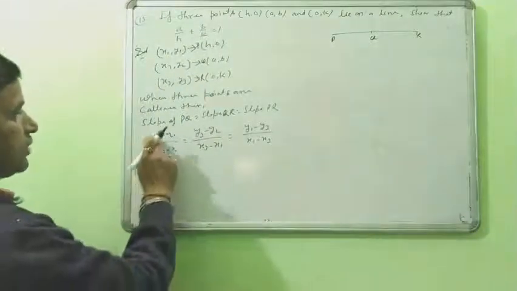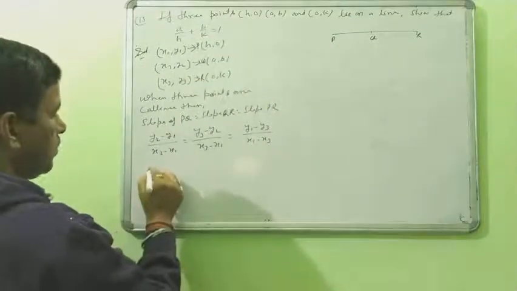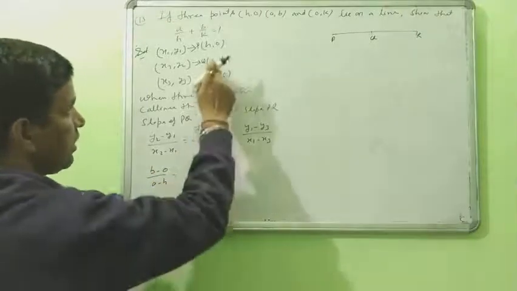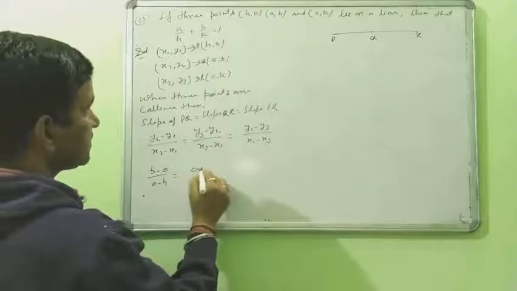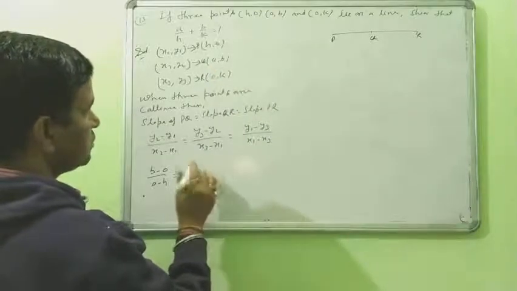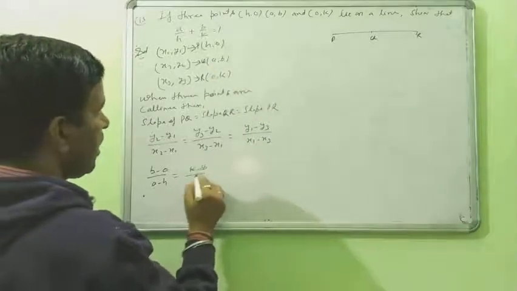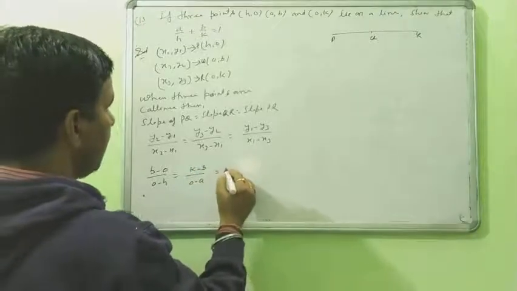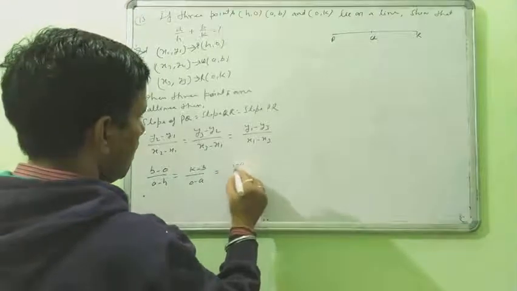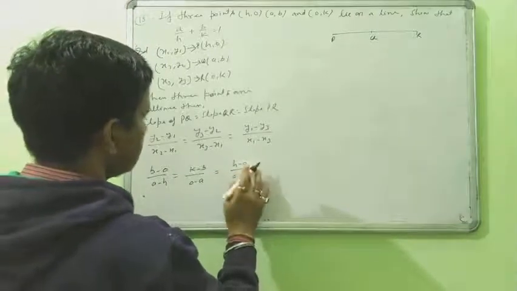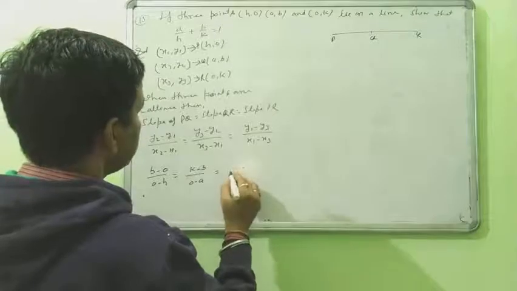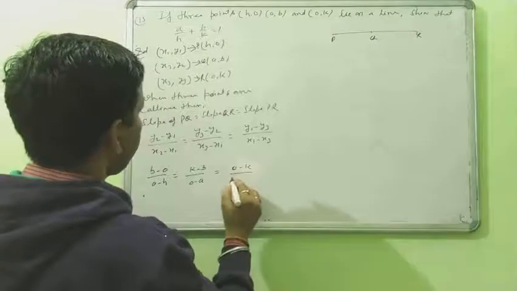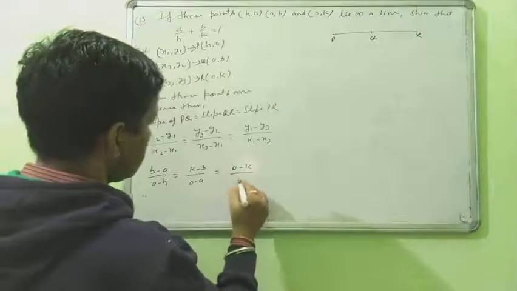Putting the values here, y2 minus y1 is b minus 0 upon x2 minus x1, which is a minus h, equal to, here putting, k minus b upon 0 minus a, equal to, this is wrong, 0 minus k upon h minus 0.